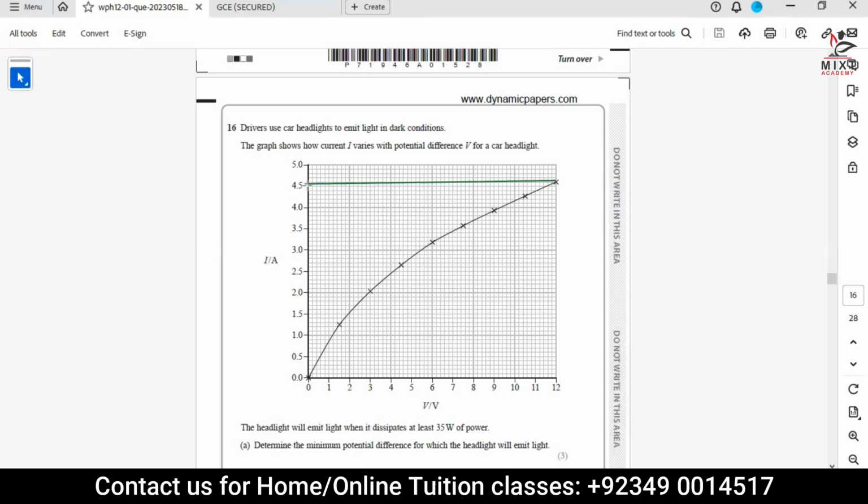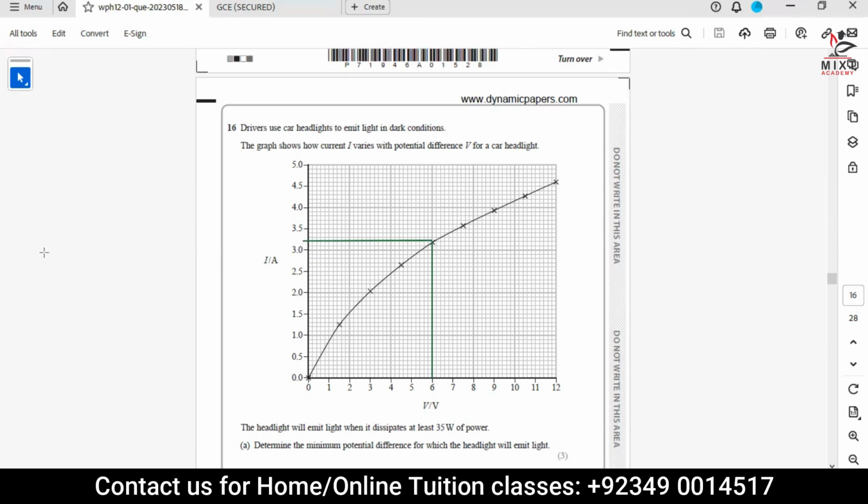Okay, let's take 4.6. And for the 6 volt, what will be the current? It's 3.3. Okay, remember the values.